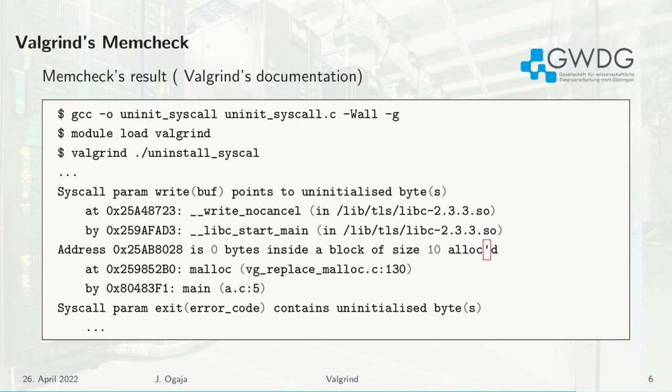So this is a default run, which means that Valgrind will always be using the memcheck tool if you run it this way. But there are also other tools which you can select. So I'll quickly show you how to do this as well.